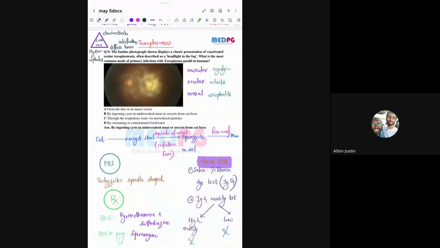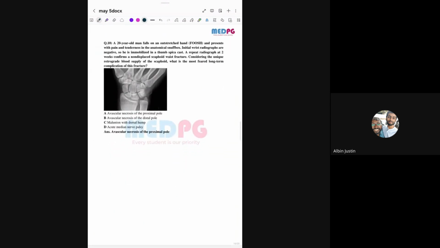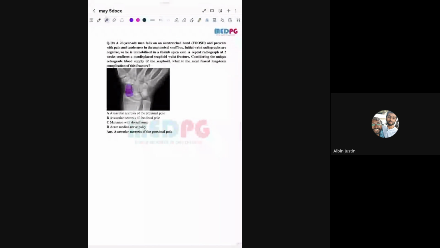Thank you. Now, question number 10. So you have a scaphoid fracture here. What is the most feared long-term complication of a scaphoid fracture?